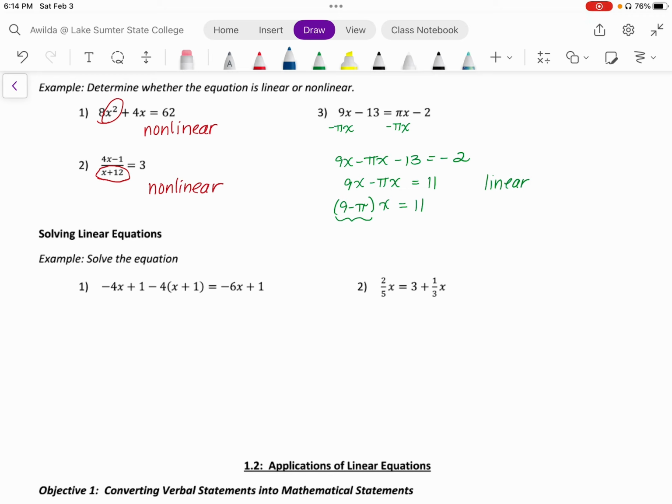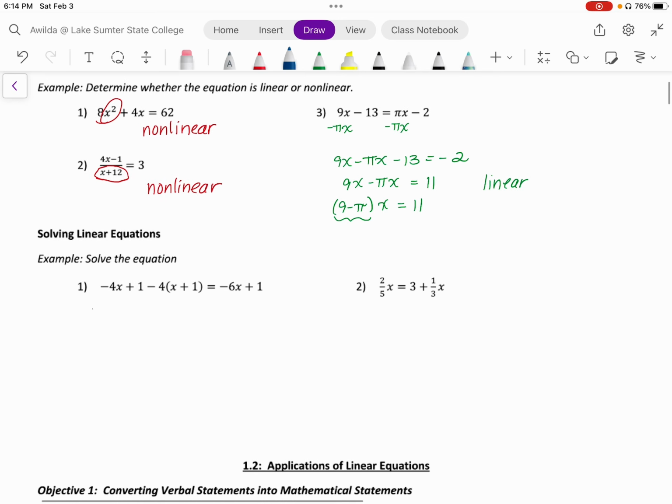First, we're going to distribute what we have here on the left so that then we can group like terms and start simplifying. So we have negative 4x plus 1 minus 4x, and be careful here that negative 4 is going to be distributed with that positive 1. Negative 4 times a positive 1 is a negative 4.